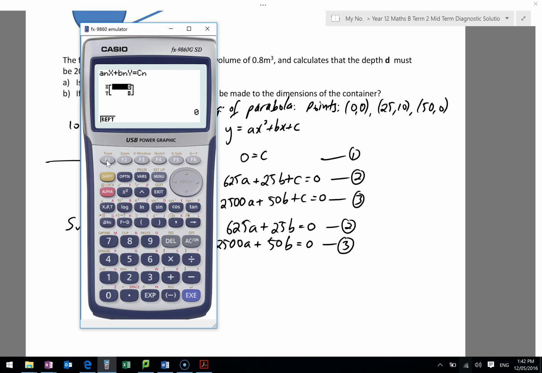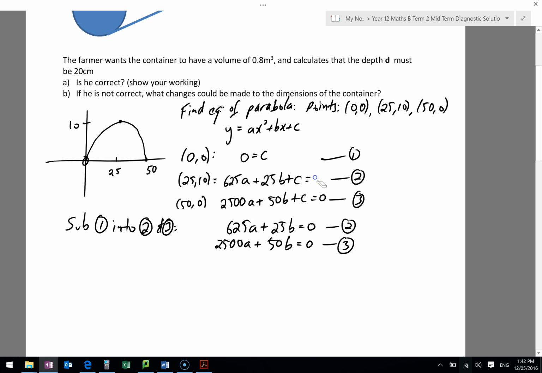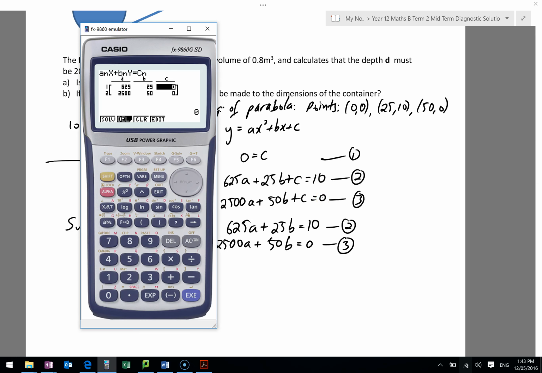Okay, solve away. I get 0, 0. What have I done? Yeah, I made an error somewhere. This should be 25. Correction, the y value is 10. Hopefully I get something nice.